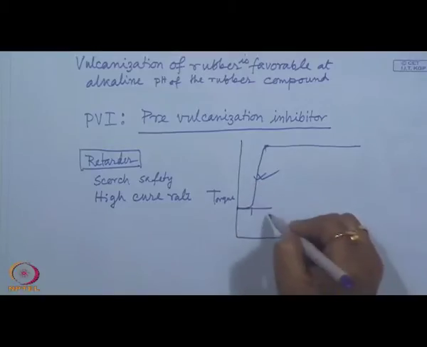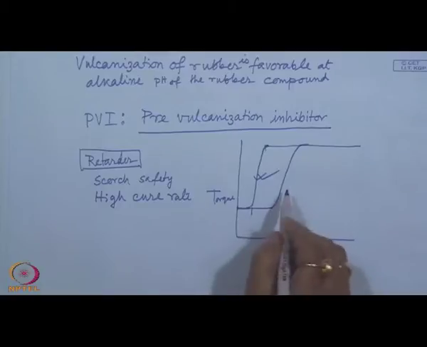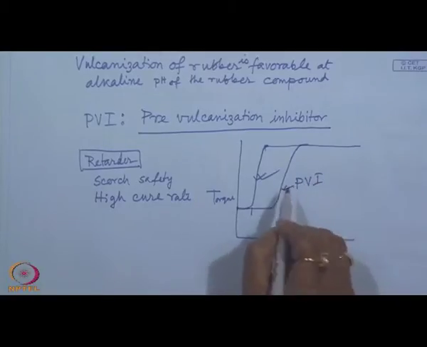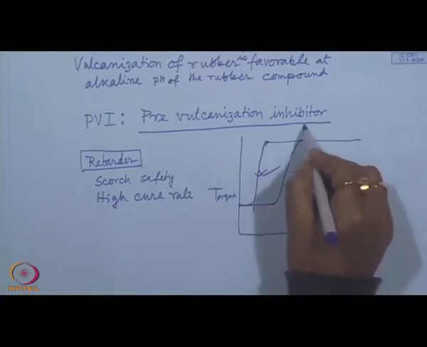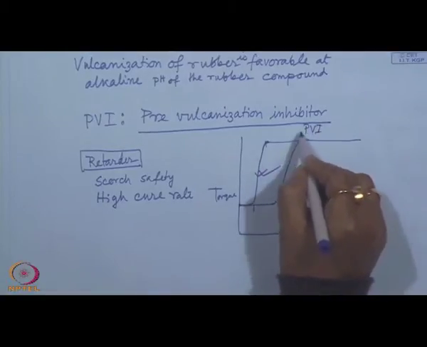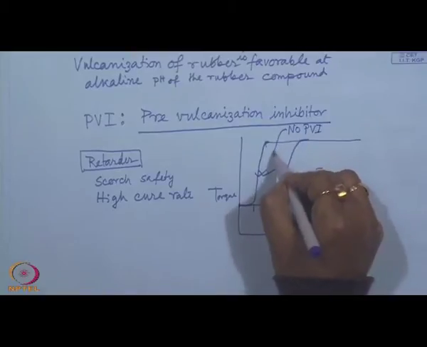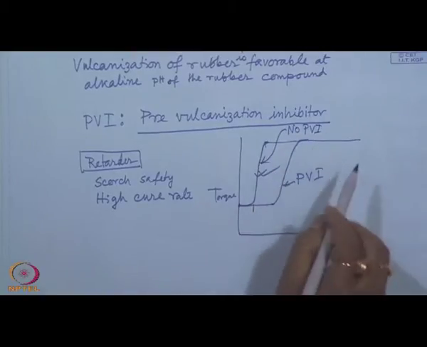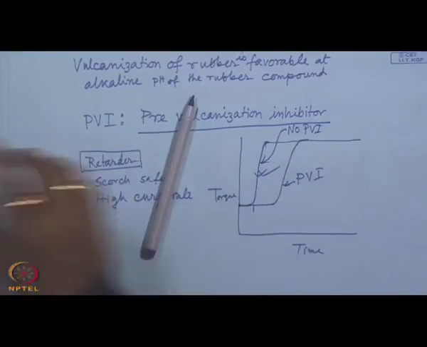So instead of this curve, one can get this kind of curve if some PVI is used. Here there is no PVI in this case, and in this case there is PVI. This kind of characteristic can be obtained if some pre-vulcanization inhibitor is used.